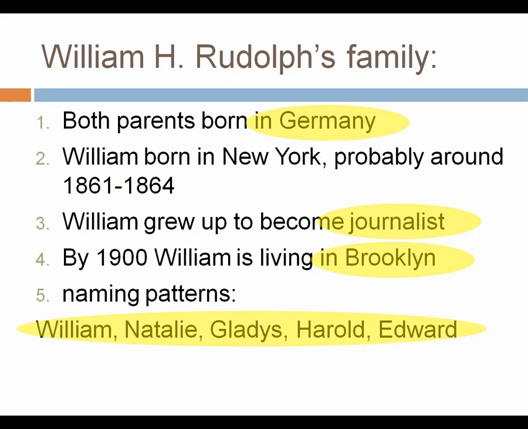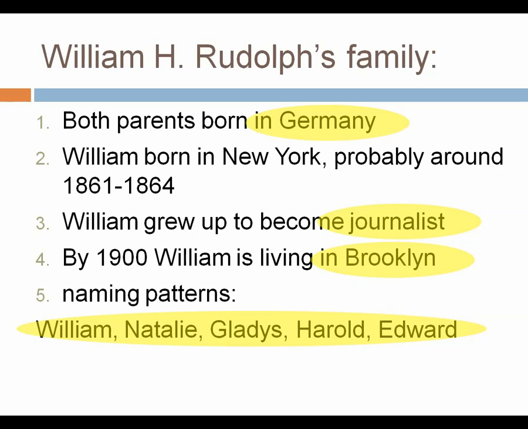Now, we want to note down the naming patterns that he used, because the names he gave his children may be names that he got from his aunts and grandparents. So William, Natalie, Gladys, Harold, and Edward.